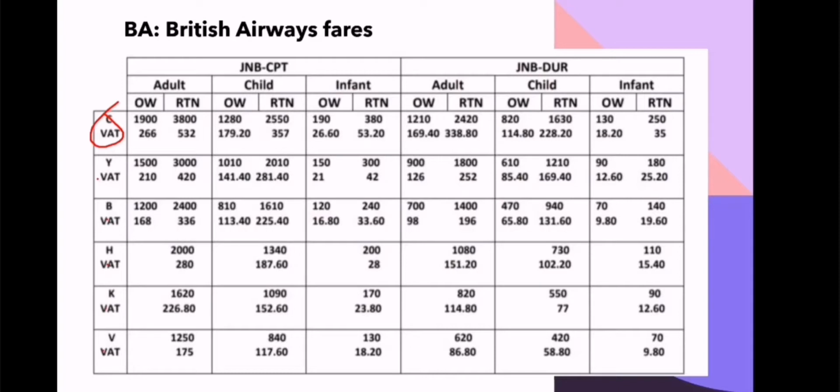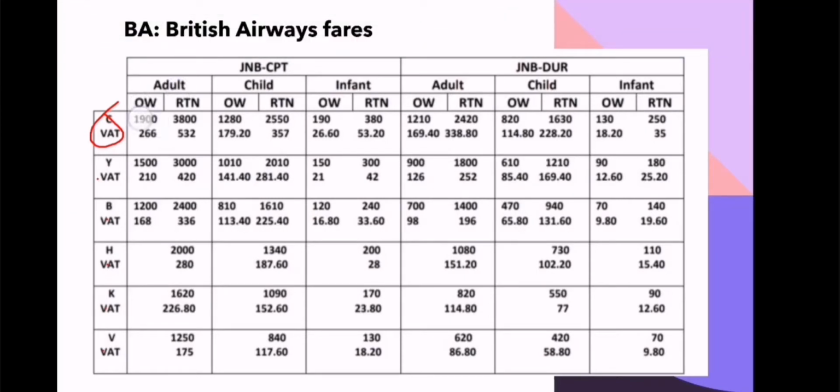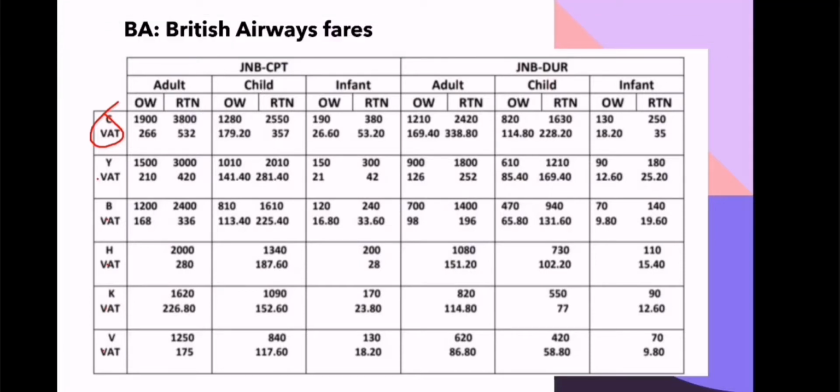Then you have your fares in the boxes that go under each category in each class. So for example, you have Johannesburg to Cape Town, adult one way at class C, sitting comfortably at 1,900 rand for an adult one way, and then 3,800 return.